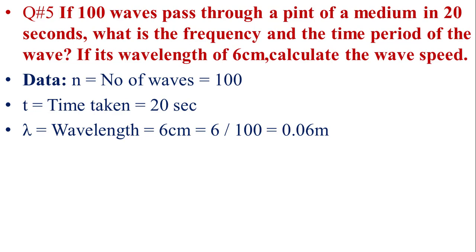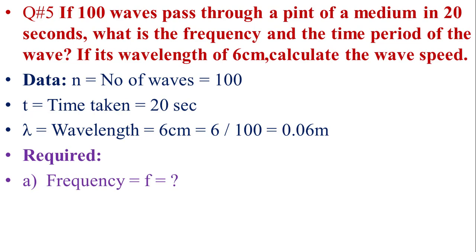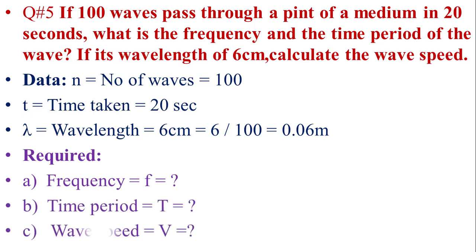Lambda, wavelength, is equal to 6 centimeter. Centimeter converted into meter, 6 divided by 100 is equal to 0.06 meter. Then required data: frequency f and time period T, and wave speed v.